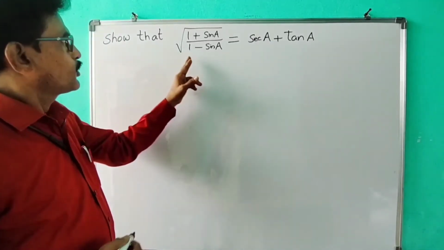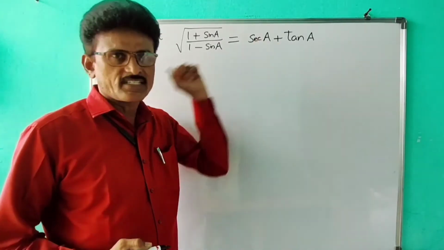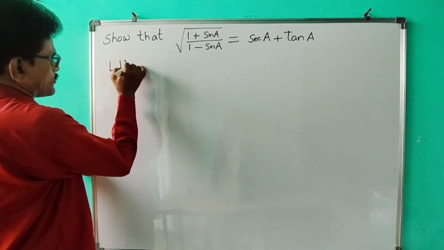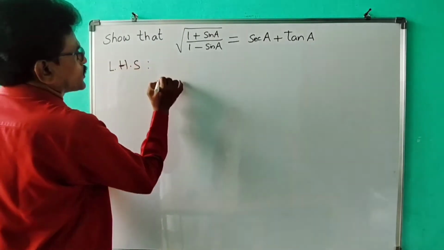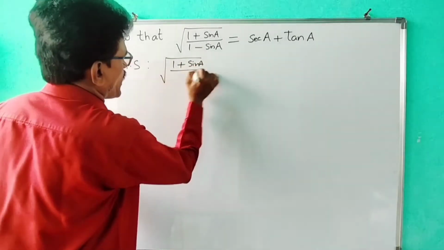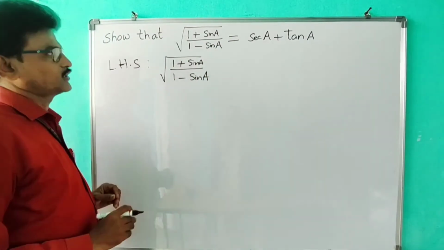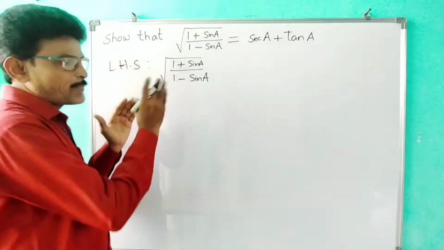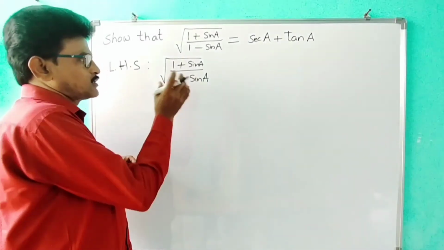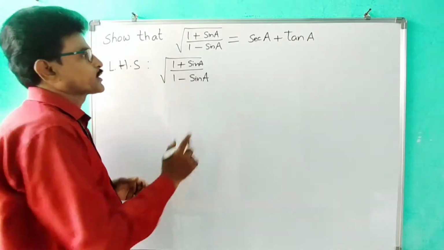Show that root of (1 plus sin a) by (1 minus sin a) equals secant a plus tan a. First we will proceed from the LHS. The LHS here is root of (1 plus sin a) by (1 minus sin a). Finally we have to get the RHS value. For this type of problem, observe the denominator, take its conjugate, and multiply both numerator and denominator by it.